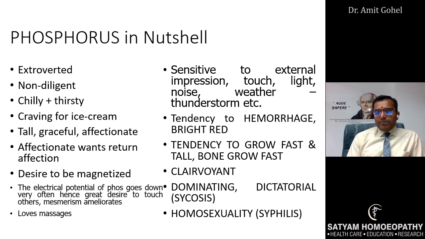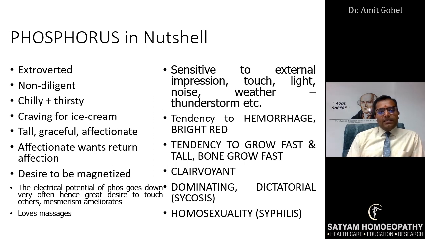Most of the time you have to ask the patient, do you love massaging or rubbing your back and everything? So the phosphorus patients need to be magnetized because this gives them electrical potential. They are highly sensitive to external impressions like touch, light, noise, weather, and electrical changes like thunderstorms.